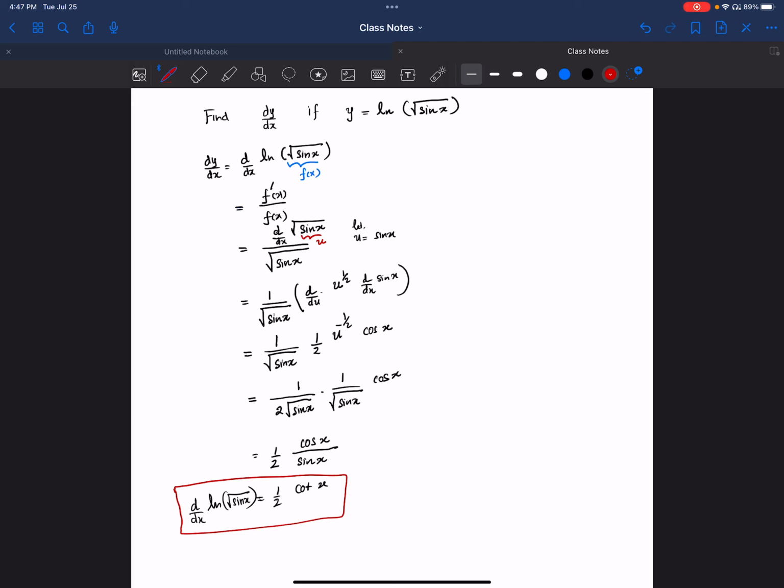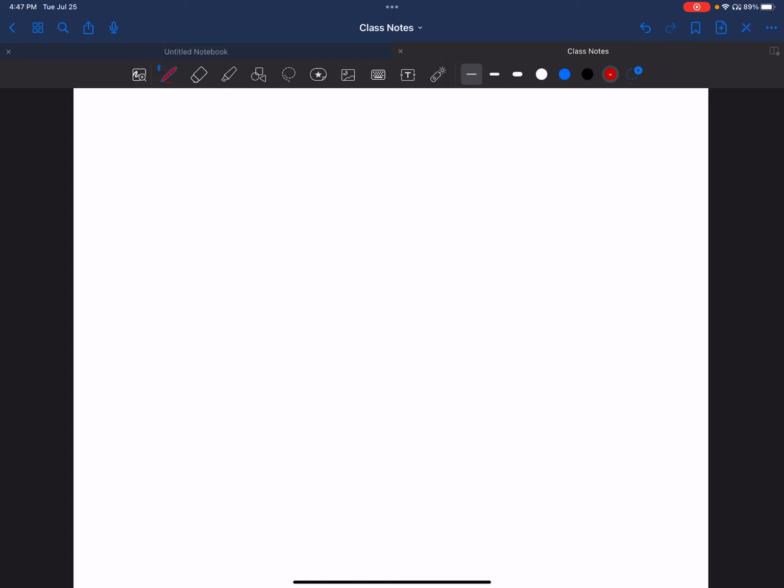Let's take some other problems. Find dy over dx if y equals natural log of 9x squared minus 8.